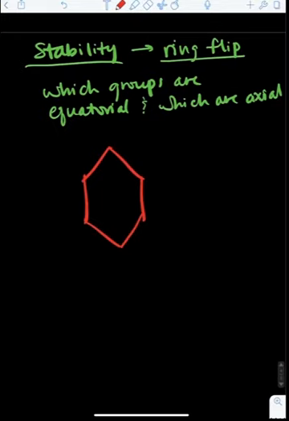And let's have a methyl group and a chlorine, and then on this one, let's have that.